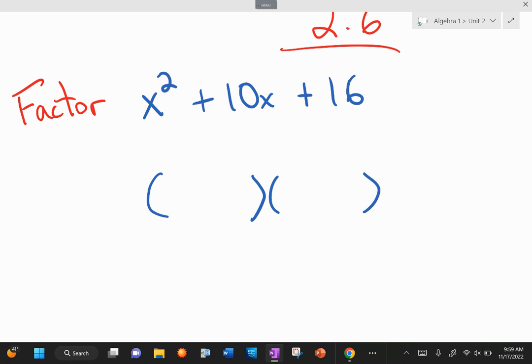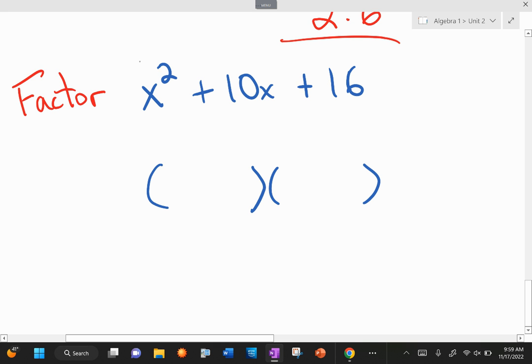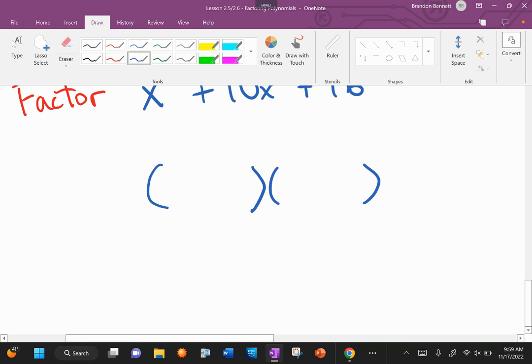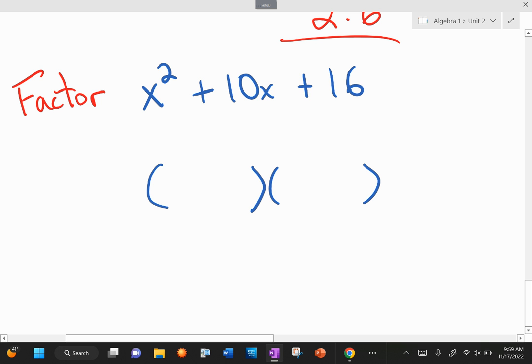What you've got here is the standard form, and I'm going to write this in red just underneath it: ax squared plus bx plus c. Okay, so this is the standard form.